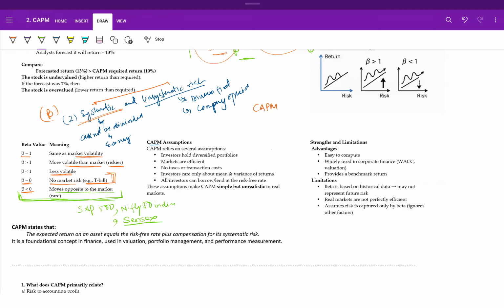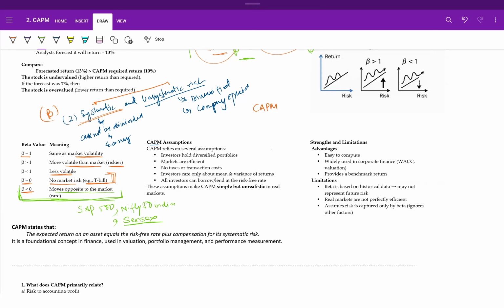A negative beta implies an inverse correlation. When the market goes up, the stock tends to fall. When the market falls, the stock may rise. Because of this inverse relationship, negative beta assets are often viewed as hedges or portfolio diversifiers, and they are very helpful in volatile or bearish periods.